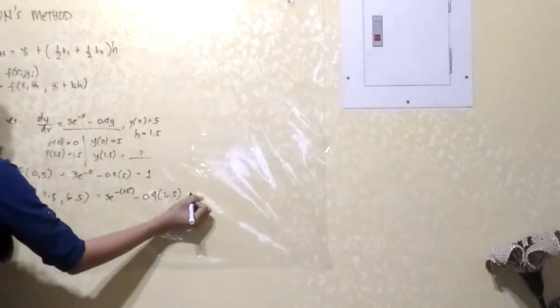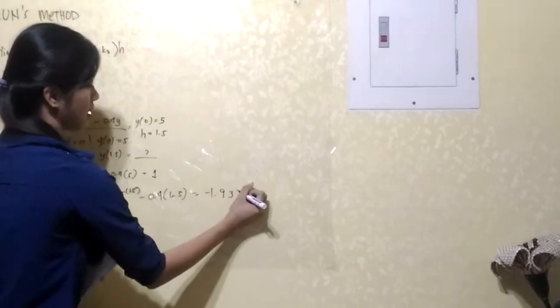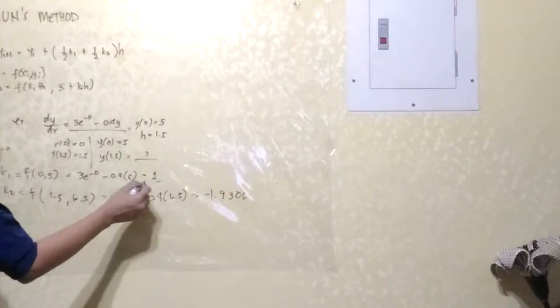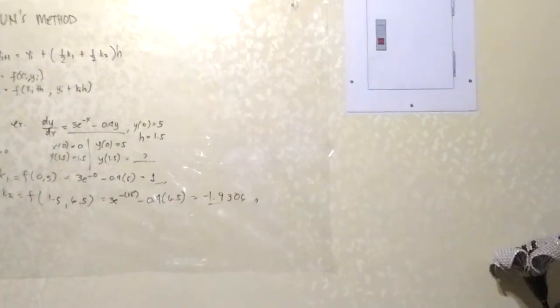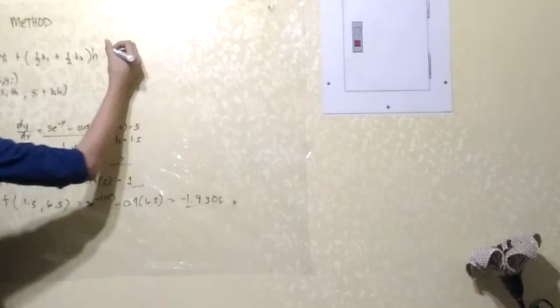That would result in a value of negative 1.9306. Now that we have the values for k1, which is 1, and for k2, which is negative 1.9306, we're going to plug these into our generic equation.